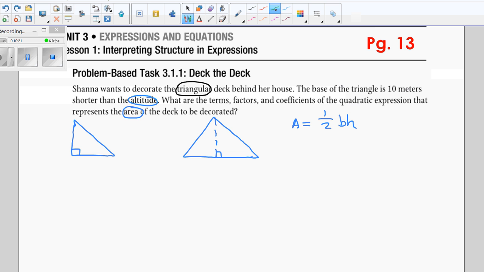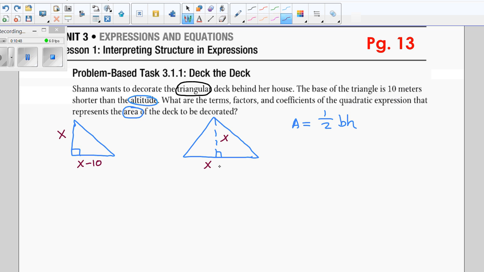So what we have is, if this is my triangle, I can say that this right here is my altitude, it's my height. It says that the base of the triangle is 10 meters shorter. So if this is my height, x, then this is 10 meters shorter than that. So this is x minus 10. Or I can look over here and say if this is my altitude and this is x, then my base right here is 10 meters shorter than this.